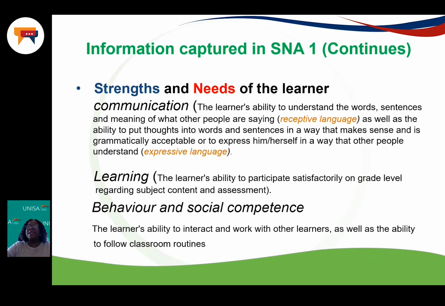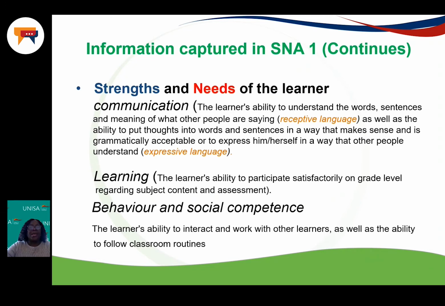Is this learner able to express himself or herself in a meaningful way, in a way that other people can understand? Then in this way, you as the teacher will be looking at the expressive language of the learner.